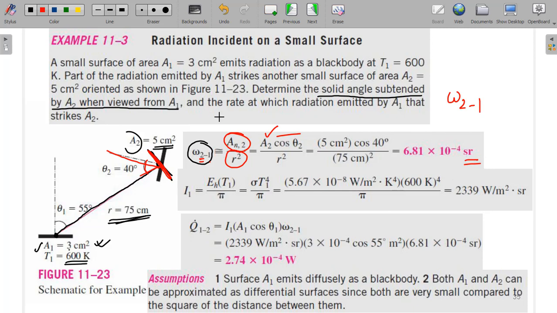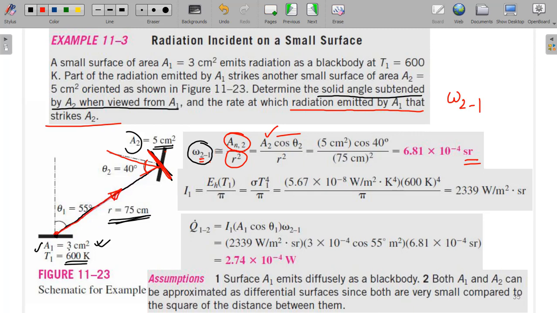Now the second part is that you have to find out the rate at which the radiation emitted by A1 strikes A2. So how much radiation is emitted from A1 and strikes A2. For that you have to find out the intensity in that direction.